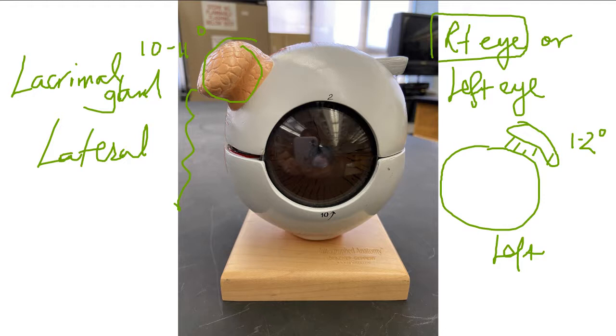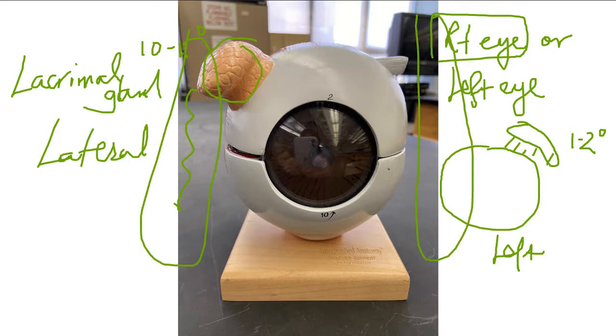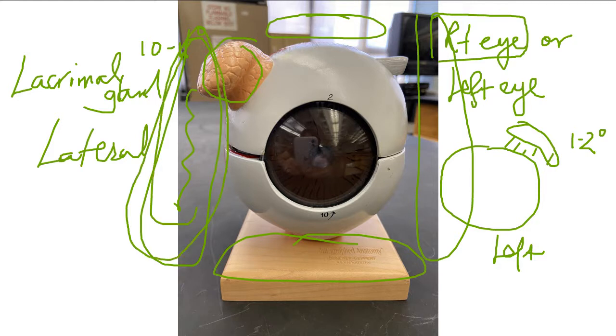It's always going to be on this side, either here or here, right? So anything on this side is lateral, anything on this side is medial. This above here is superior, this below is inferior. Okay, so one more time. This is lateral, this is medial, this is superior, and this is inferior.